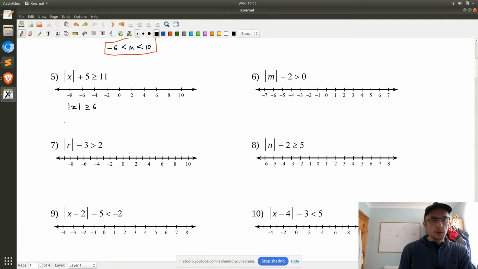Make it go the right way. Put the negative on the left, the x in the middle. Okay, like that. And here.